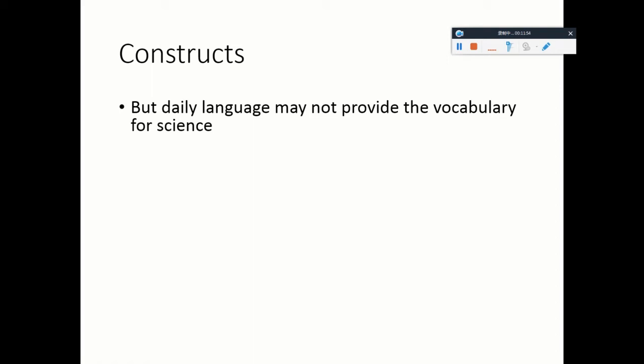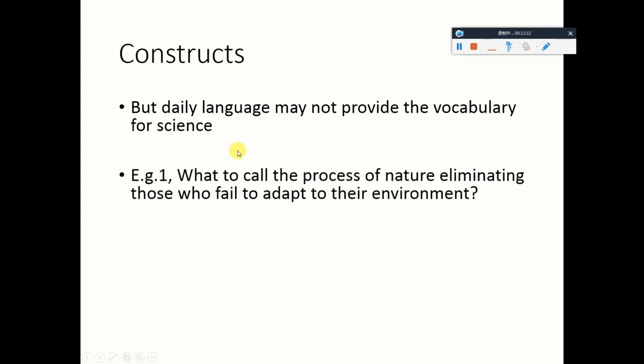And they're interested in something that's arguably bigger and more important, could be. But anyway, the point is, daily concepts sometimes do not suffice the purpose for scientific research. And when that occurs, scientists will start inventing jargons and constructs to suit their own purposes.